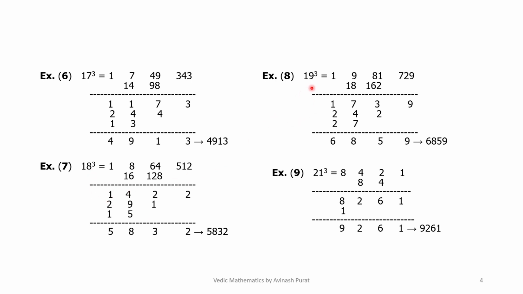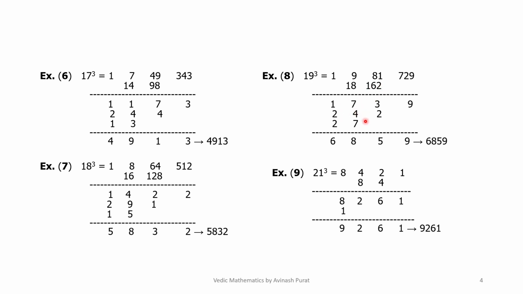Eighth example, 19 cube. Again, cube of 1 is 1 and 9 to 1 is the ratio. So 1, 9, 81. 81 multiplied by 9 is 729. Now 9 multiplied by 2 is 18 and 81 multiplied by 2 is 162.